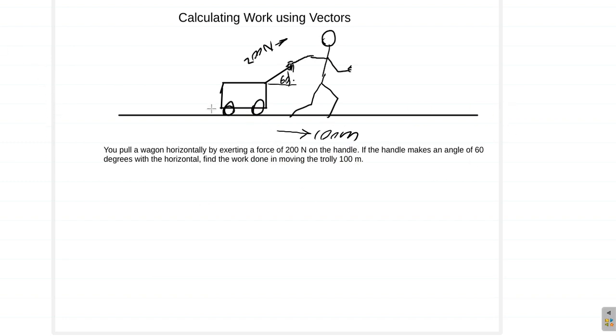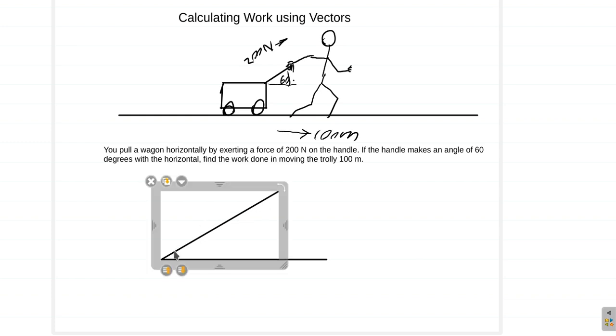All right. We'll see what's going to happen here. So you have the angle of the trolley, you have the horizontal. This doesn't look like 60 degrees. This is supposed to be 60 degrees.